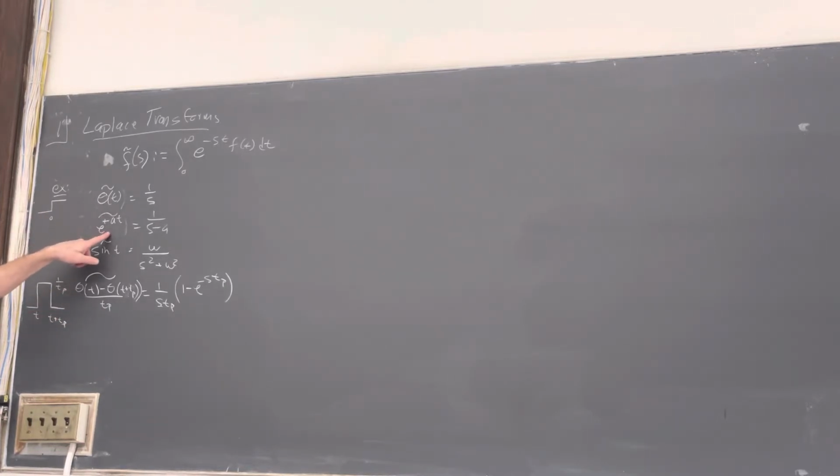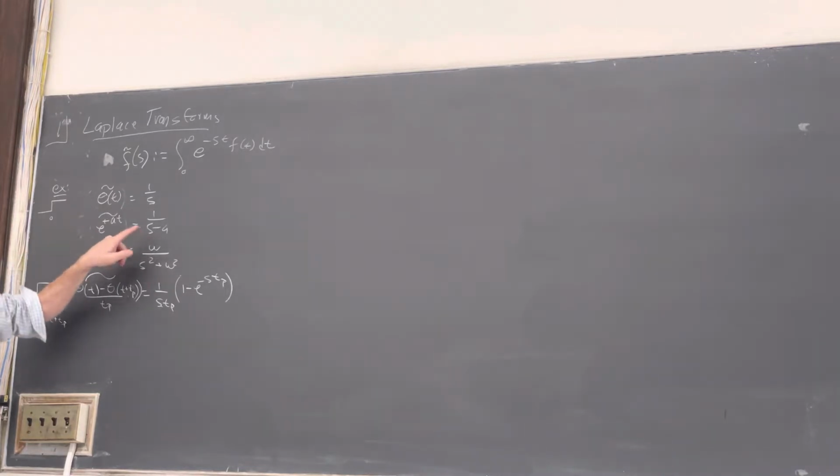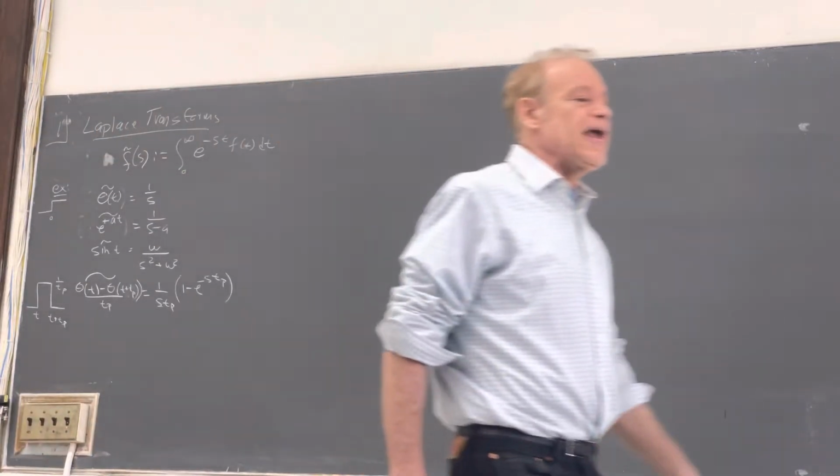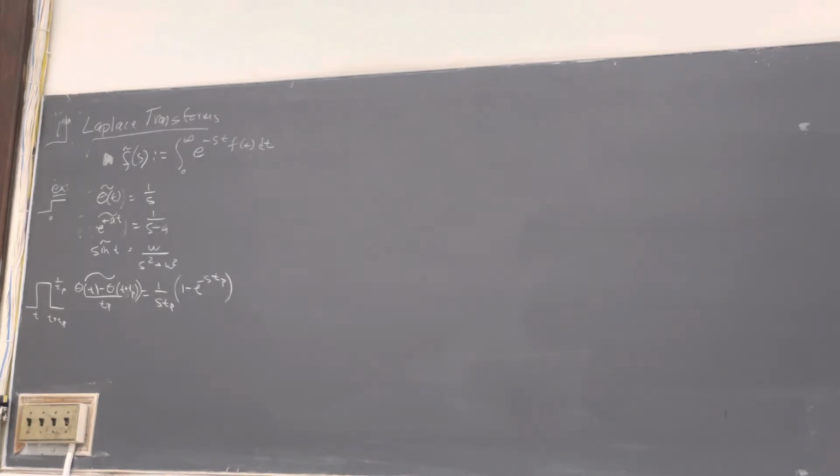If we take the Laplace transform of e to the a t, we got 1 over s minus a. The Laplace transform of sine omega t was omega over s squared plus omega squared. And you have a table that I've been giving out that's in your textbook that gives you a lot of these pairs of the function of t on the left and the Laplace transform f tilde of s on the right.